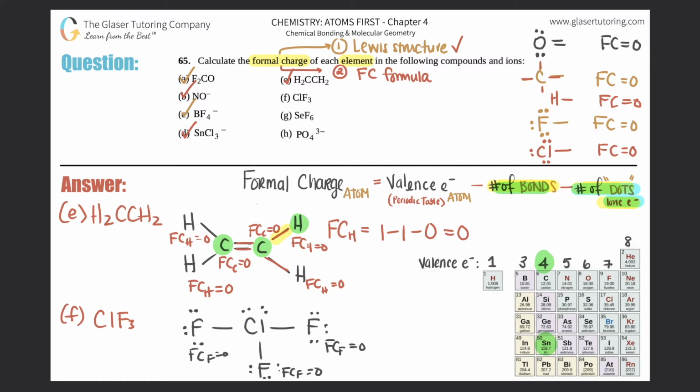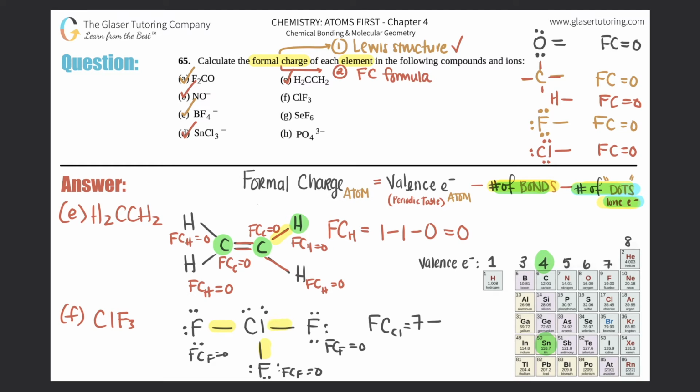Now, it's different from the one that we have because this chlorine has 1 bond and 3 lone pairs. This one has 3 bonds and 2 lone pairs. So it could be 0, it could not be 0, but we should just check just in case. Chlorine has a valence of 7, so you start off with 7 minus the number of bonds.